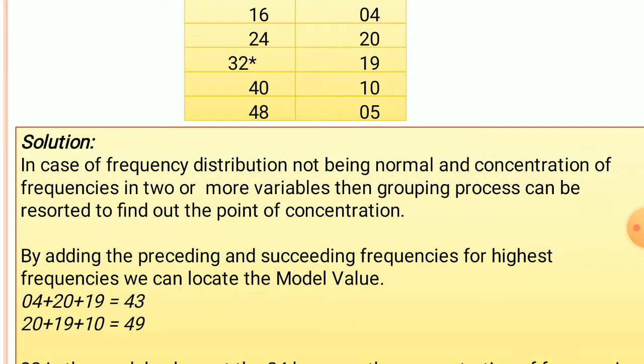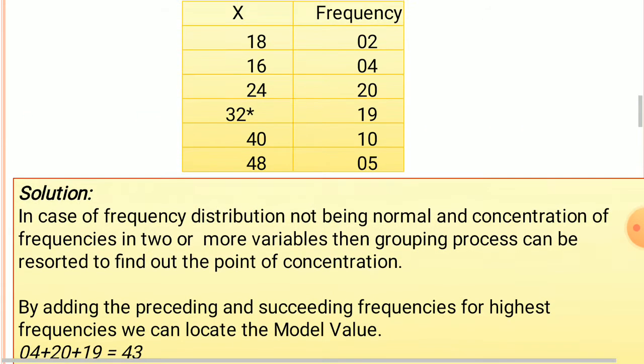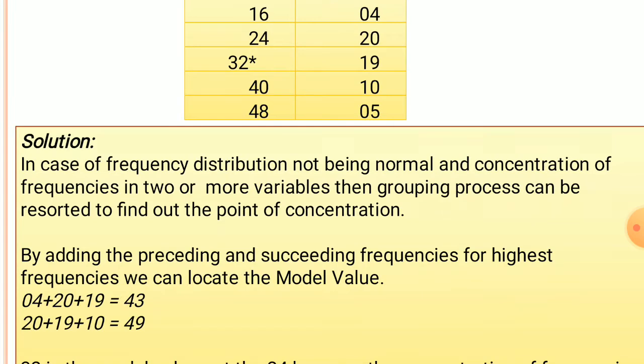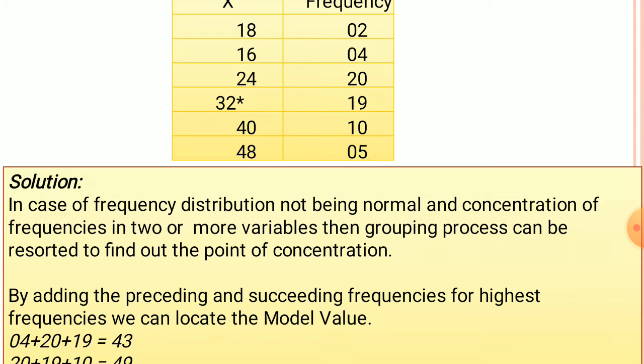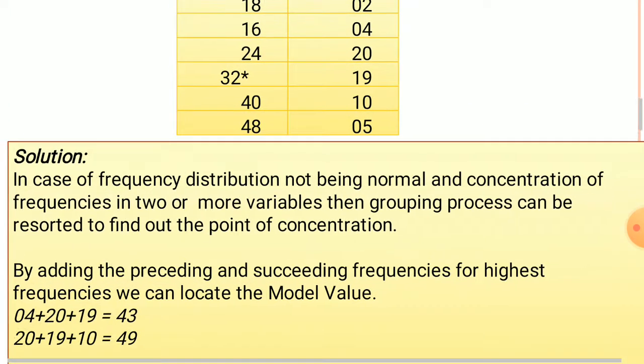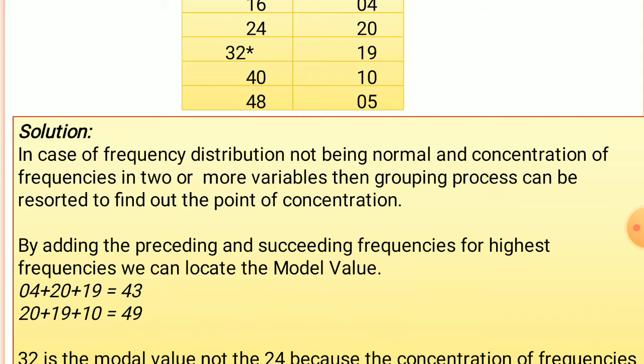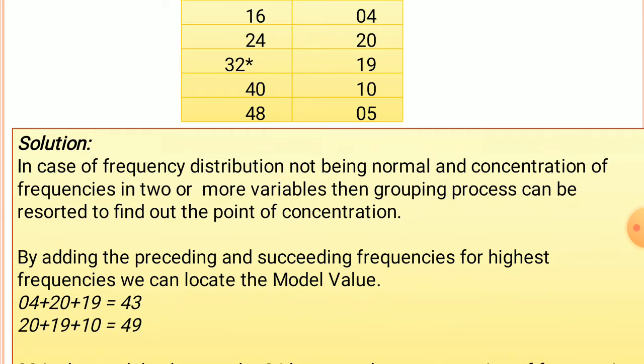Then 4 + 20 + 19 is equal to 43. Then the highest frequency with its succeeding and its preceding frequencies.